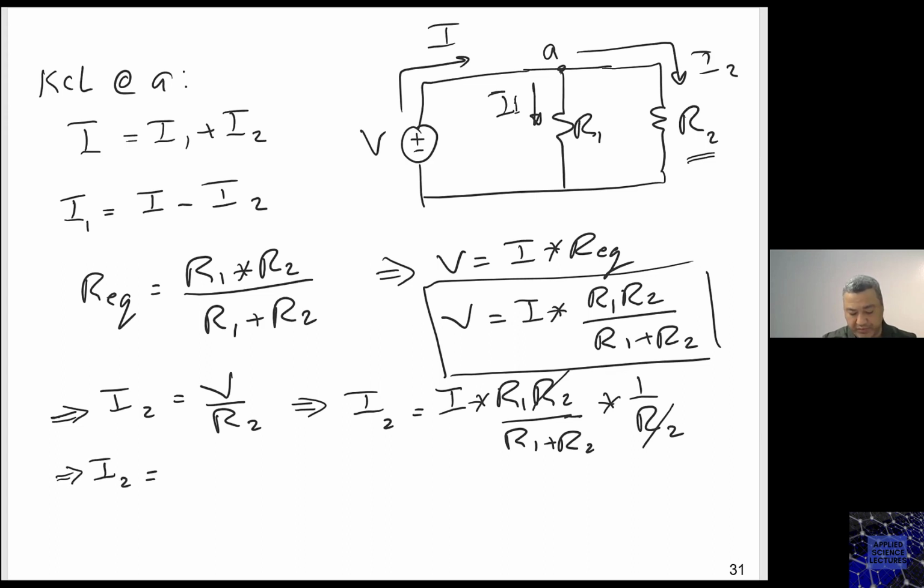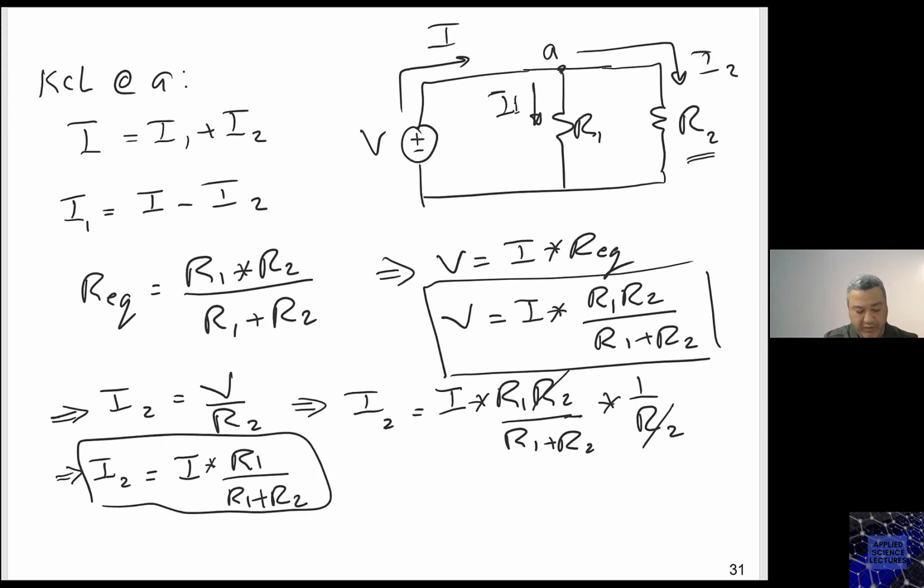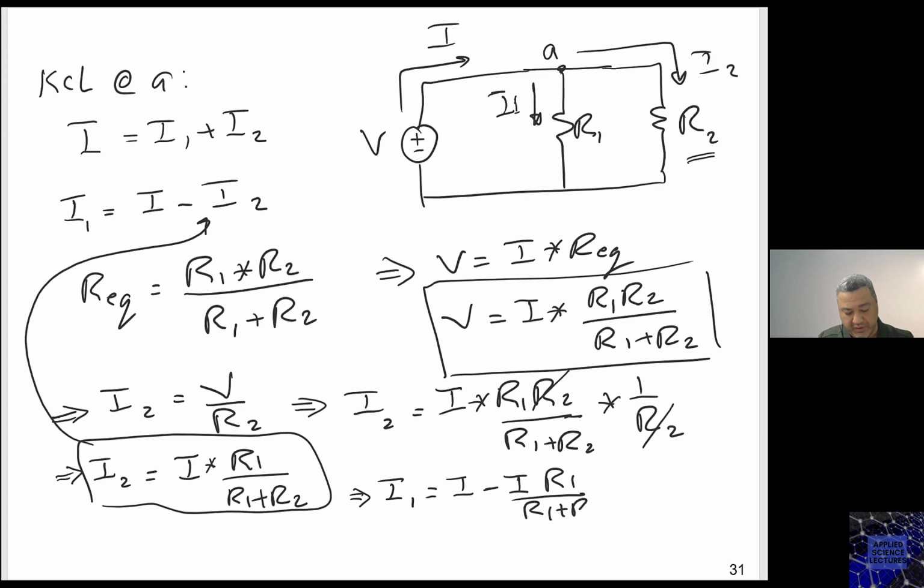I2 equals I times R1 over R1 plus R2. Now, if you take this and substitute it here, you get I1 equals I minus I R1 over R1 plus R2.